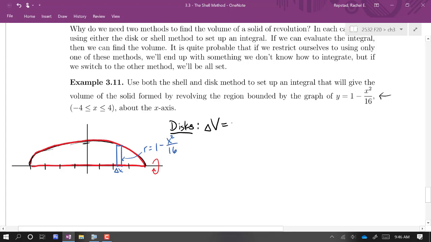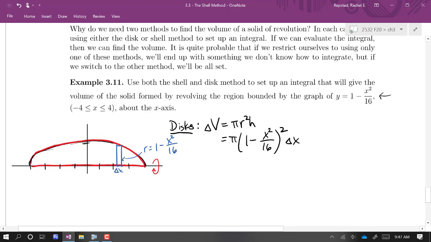So our sample disk has a volume of pi r squared h. With disks, the height of the disk is the delta x, your width. So this is pi times 1 minus x squared over 16 squared, there's r squared, times delta x.